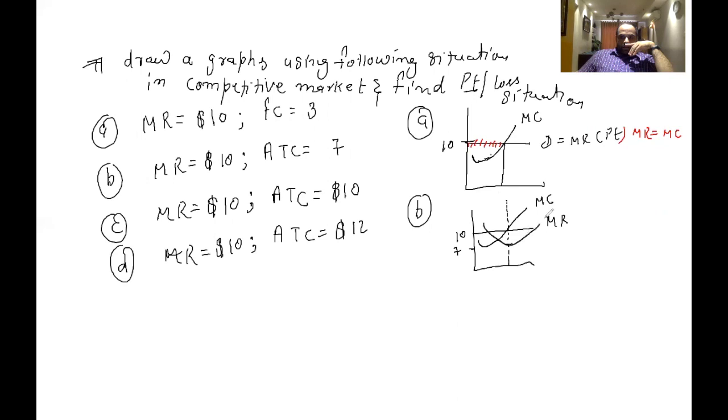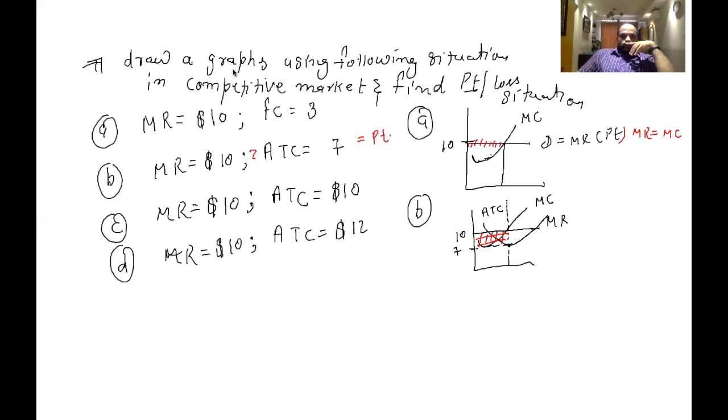ATC here. So that's your ATC, right? And the profit area is this, all right? This is your profit area, right? Because MR is greater than 7, so you have profit, right?